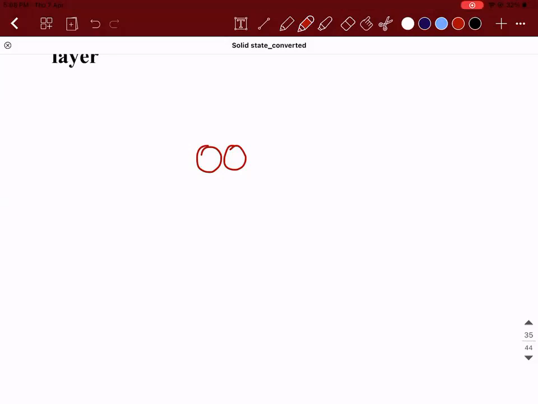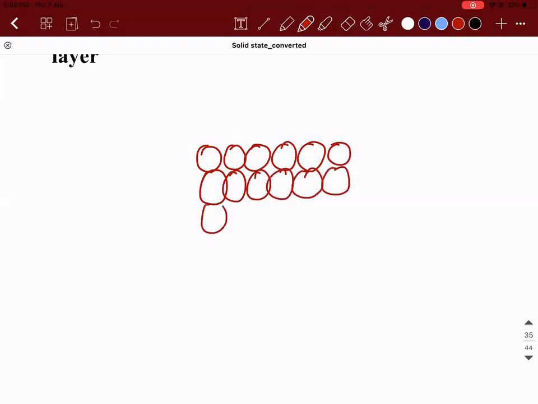But in AB type, the void size is less, and it will be like a triangular void. I've already drawn this picture. I'm going a little bit fast.